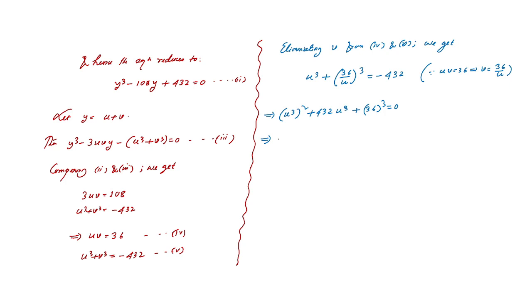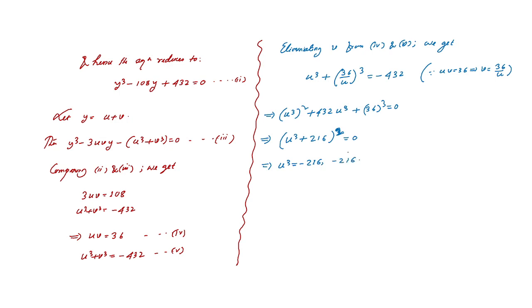Now you will do the simple calculation. This will be (u cube plus 216) whole square equals 0, or you can take u cube equals t. So from that, u cube equals minus 216.